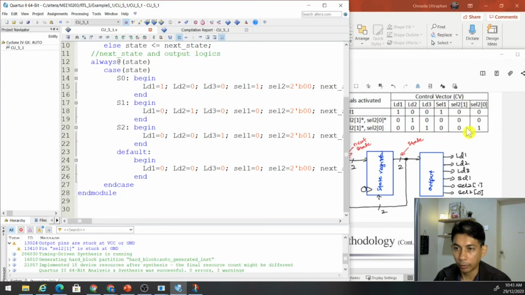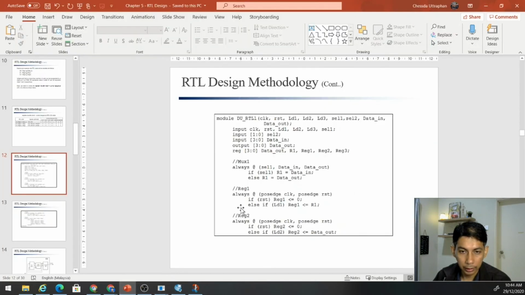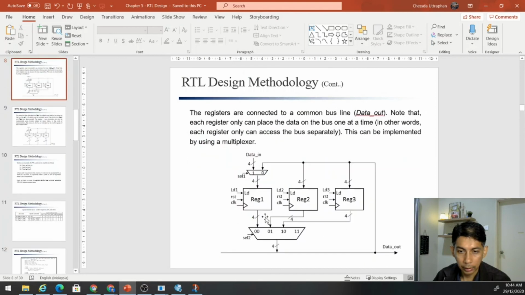Yes, definitely we want this. So there should be no problem with this. Because in our case, we don't have this 1 1, so SEL2 bit number 1 never goes to 1 in our design, because this one is not connected.